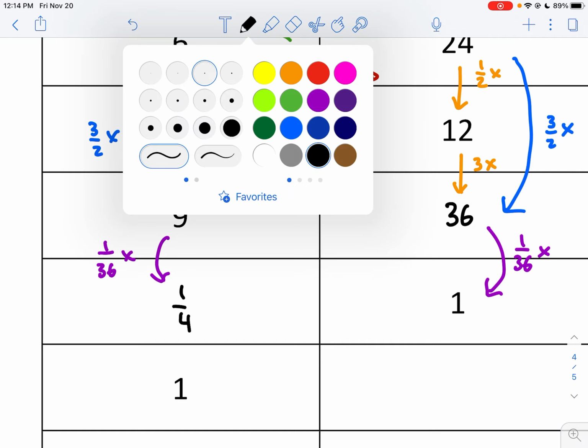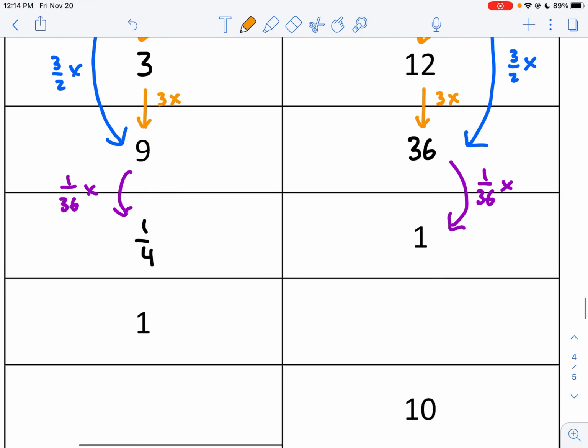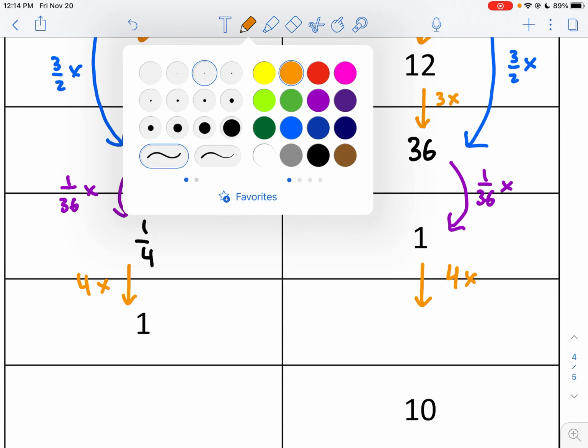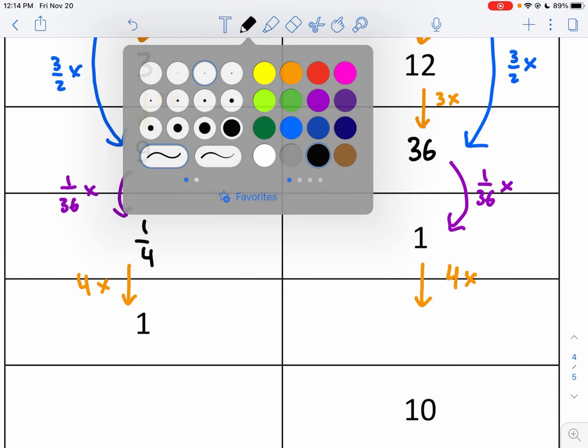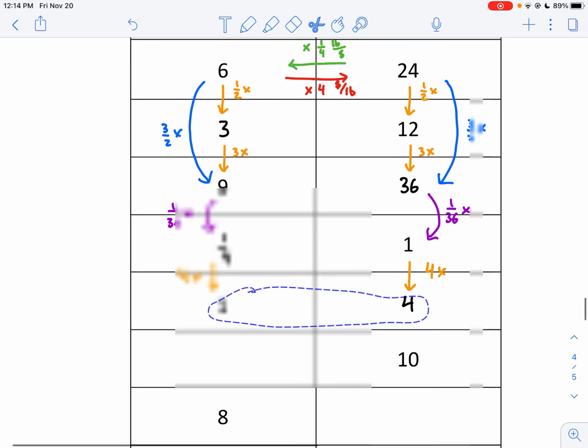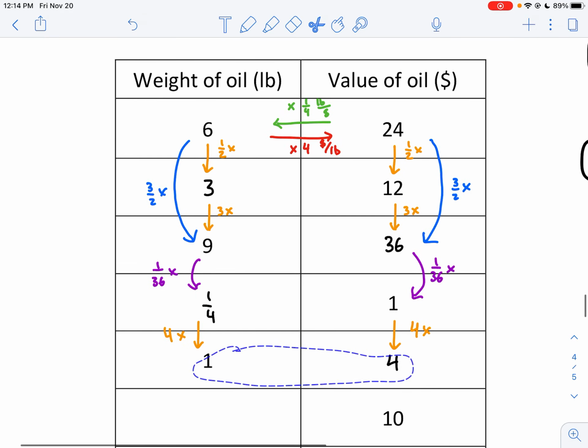And if I use tandem scaling to do it, to turn 1/4 into 1, I need to do 4 copies of that. We'll just do the same thing here. Do 4 times 1, and that gives me 4. And this pairing is the other unit rate, right? $4 per 1 pound.